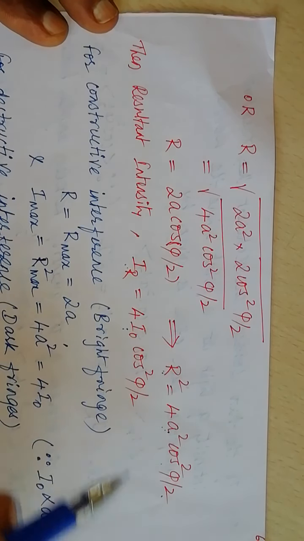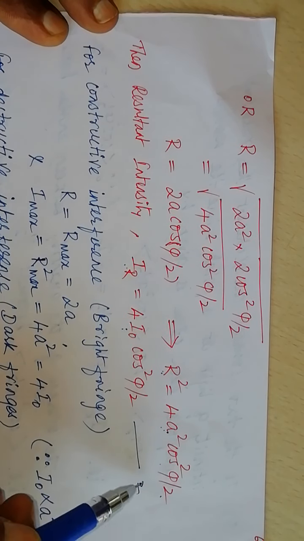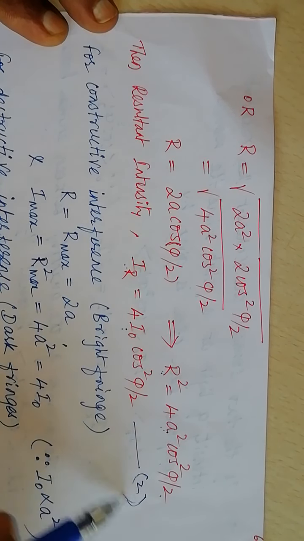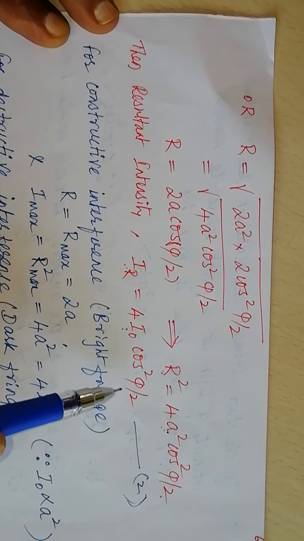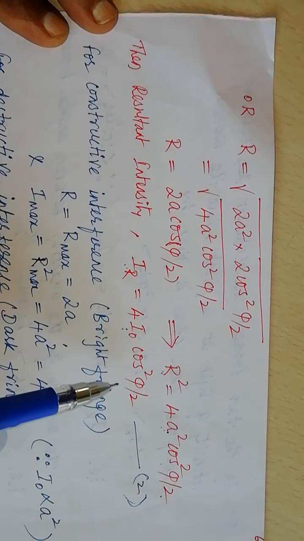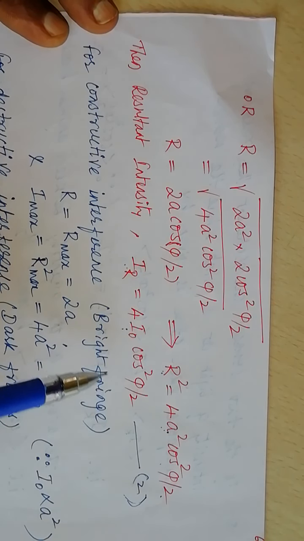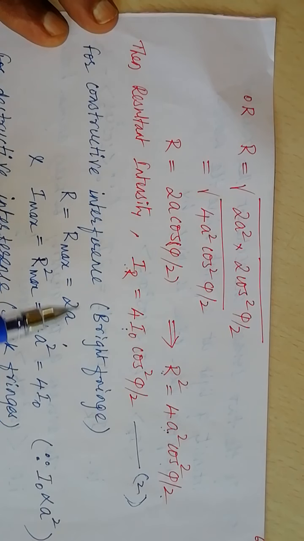So this is equation 2. This equation 2 can be used to calculate the resultant intensity for any arbitrary phase difference between the waves arriving at a point on the screen, for sources having the same amplitude and same intensity of light.